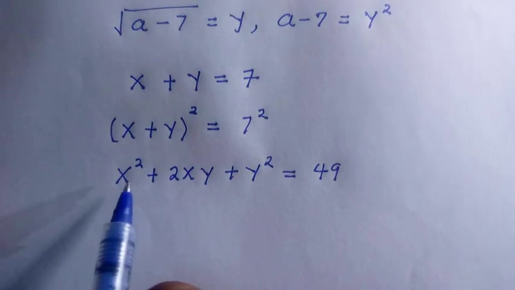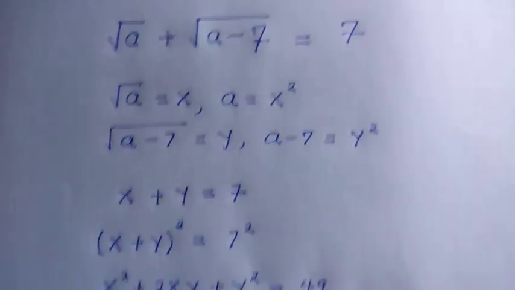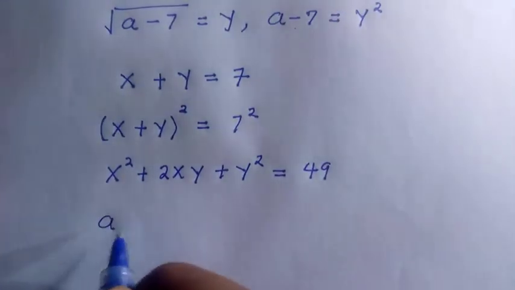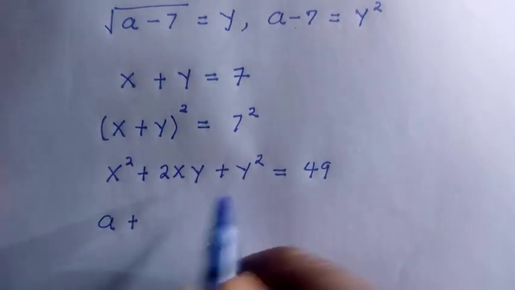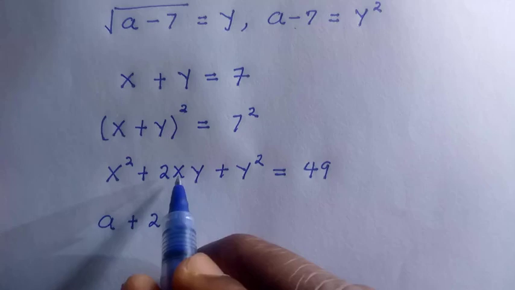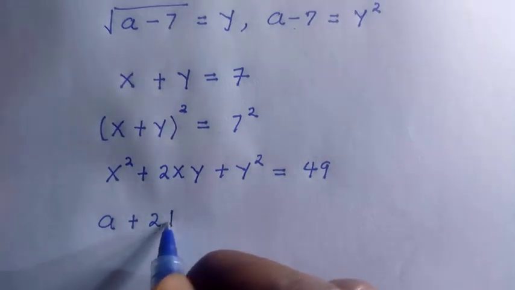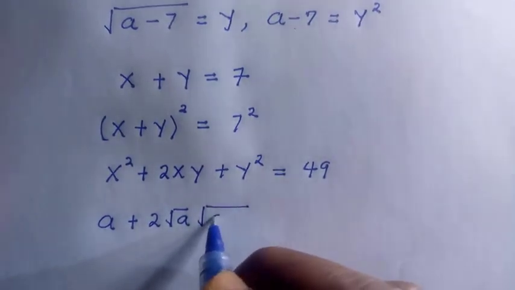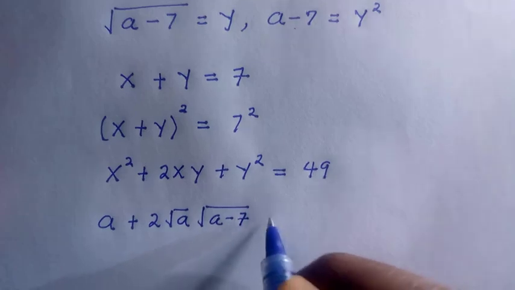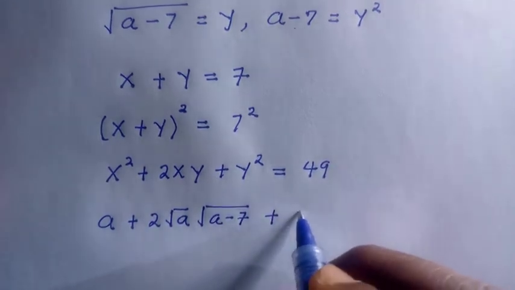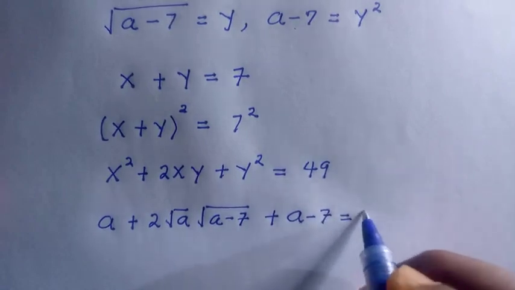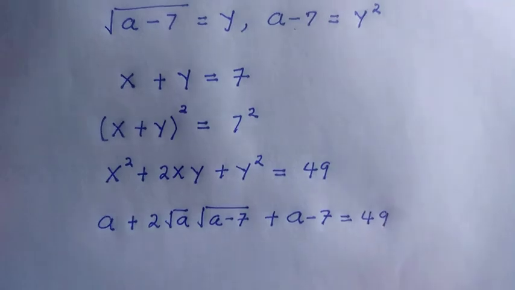Then we already have our x squared and our y squared ready. So we substitute them: the value of x squared now becomes a, plus 2 times our x, which is root a, multiplied by y, which is root a minus 7, then plus y squared. Y squared is given as a minus 7, then equals 49.